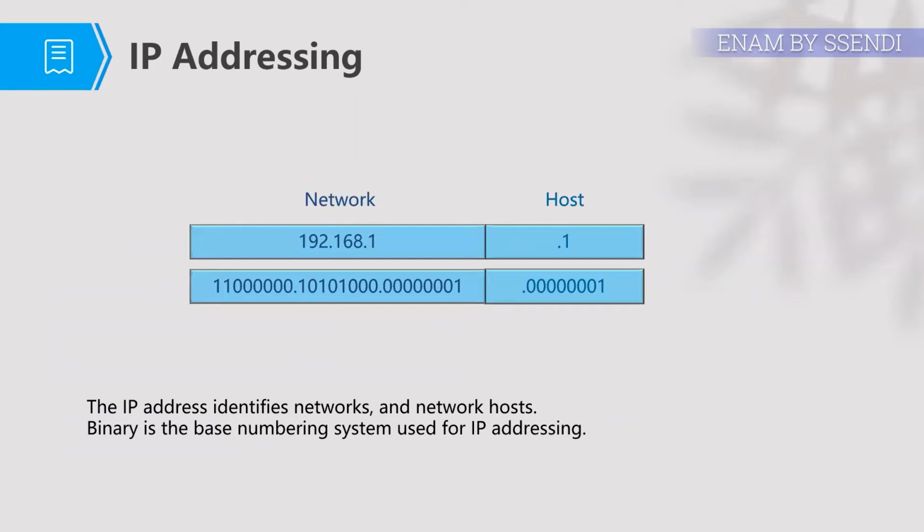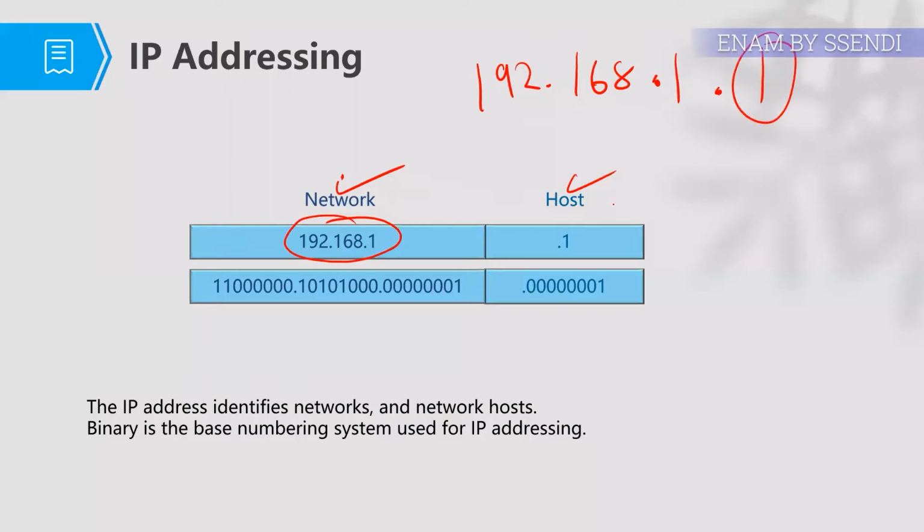We looked at IP addressing, and this is a typical example of how an IP address looks. It has a combination of both the network bits and the host bits. The network portion is 192.168.1, and then finally the host portion, which is .1. This IP belongs to what class?